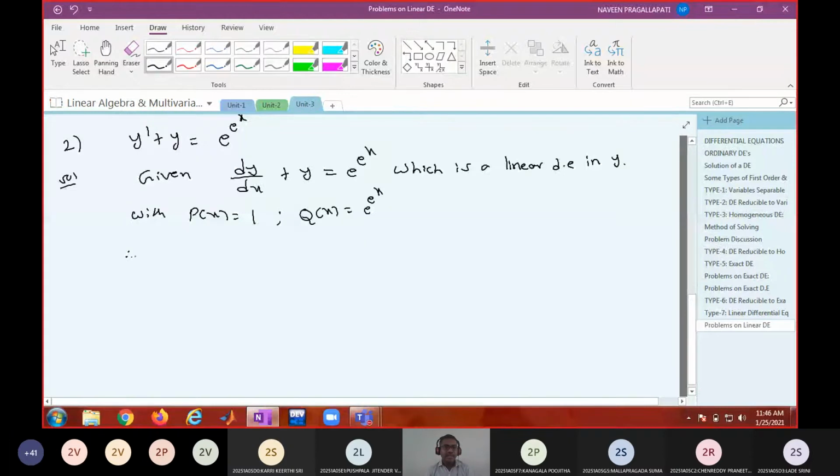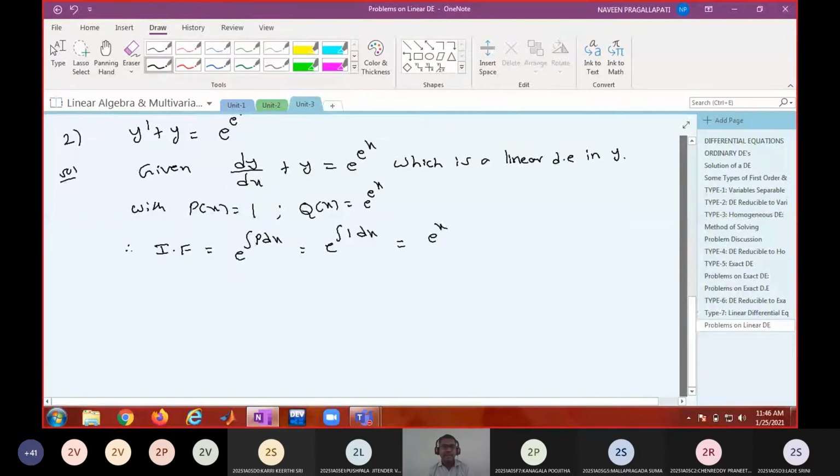Therefore, what is integrating factor? E power integral p dx, e power integral 1 dx. Integration of 1 is x, this is e power x. So integrating factor is e power x.